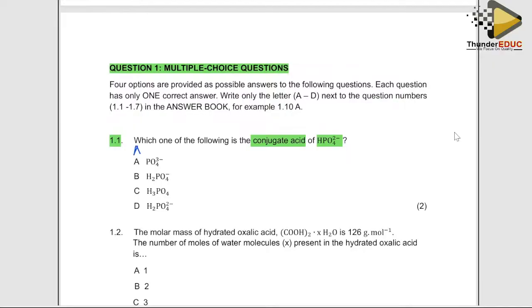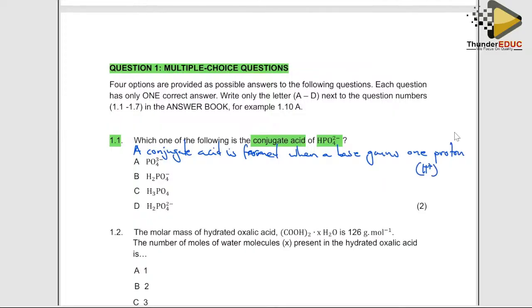A conjugate acid is formed when a base gains one proton, or just a proton, which is your H plus, right?